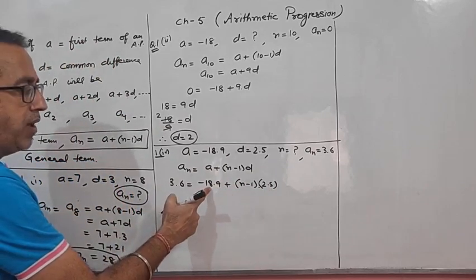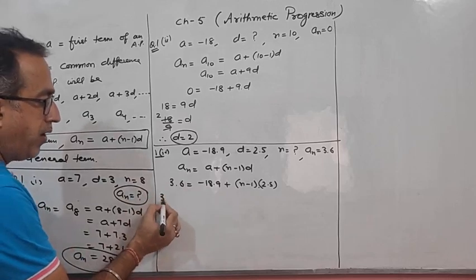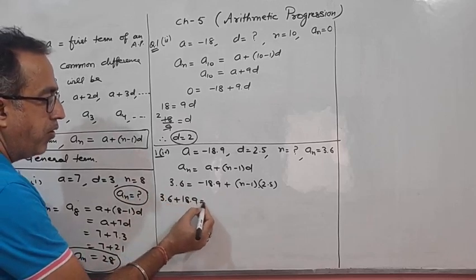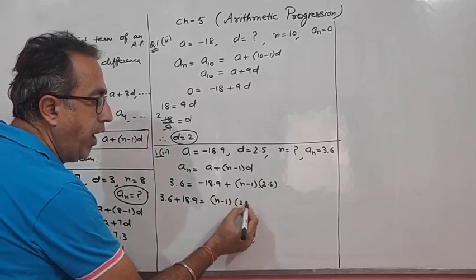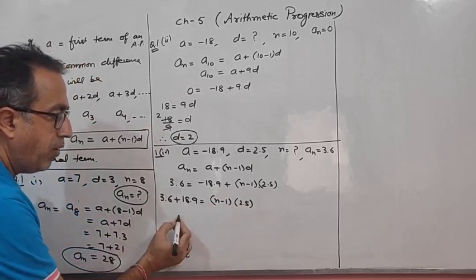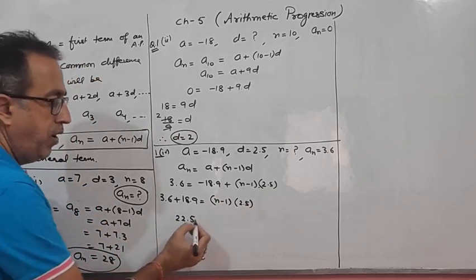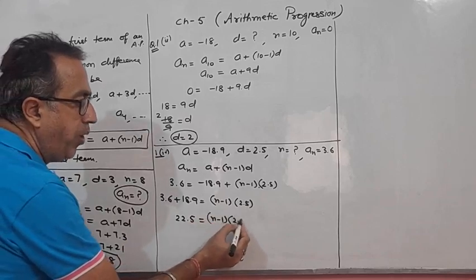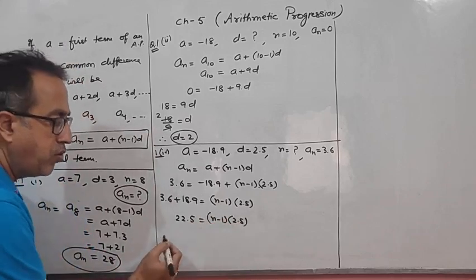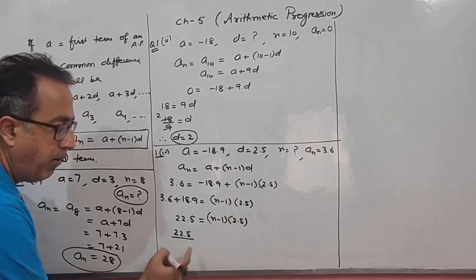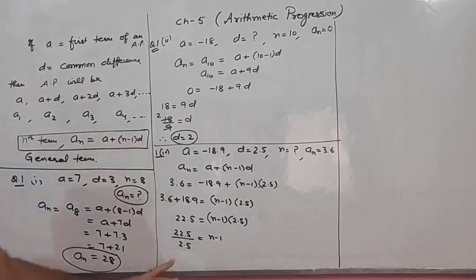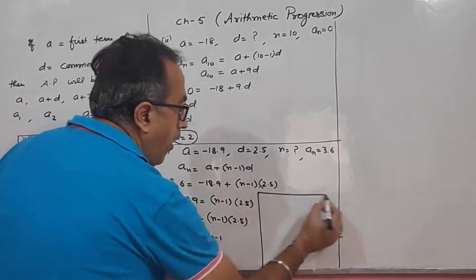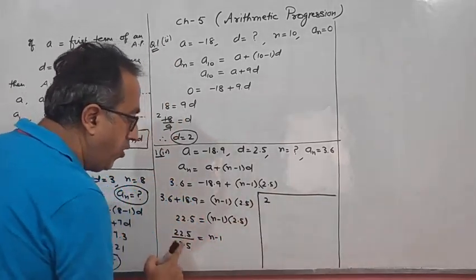First of all, take this minus 18.9 from the right side to the left side. 3.6 plus 18.9, and the right hand side n minus 1 into 2.5. Adding, we get 22.5 equal to n minus 1 into 2.5. Take this 2.5 to the left side, it will be divided, so 22.5 divided by 2.5 equals n minus 1. Now solve this. You can remove the decimal, there is one digit after the decimal.